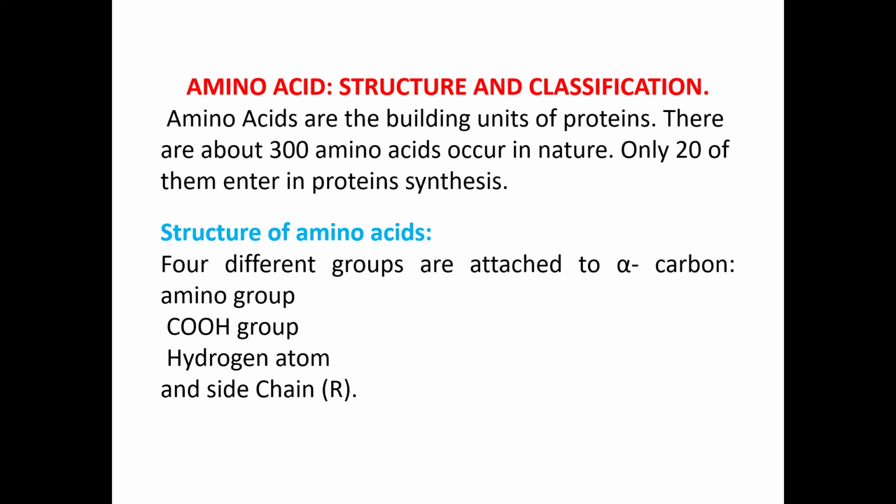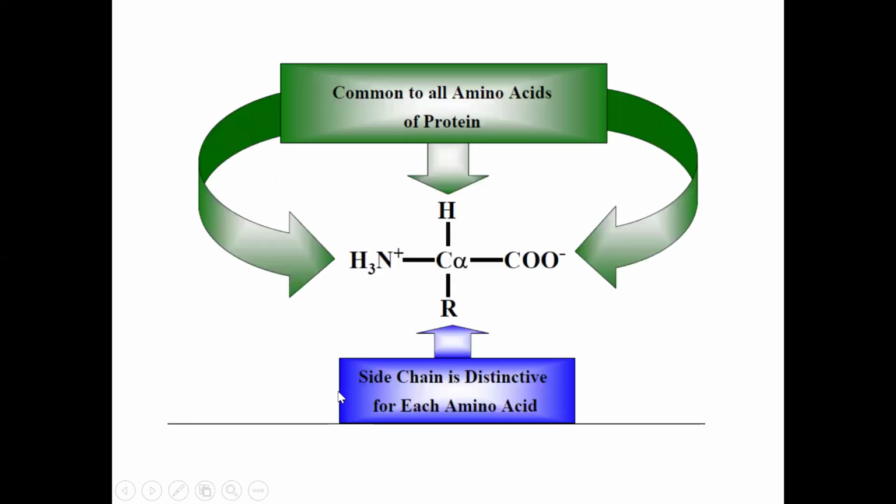The structure of an amino acid includes 4 different groups attached to the alpha carbon. We have the amino group, the carboxylic acid functional group, the hydrogen atom, and the R side chain. And this R side chain differs from one amino acid to another.